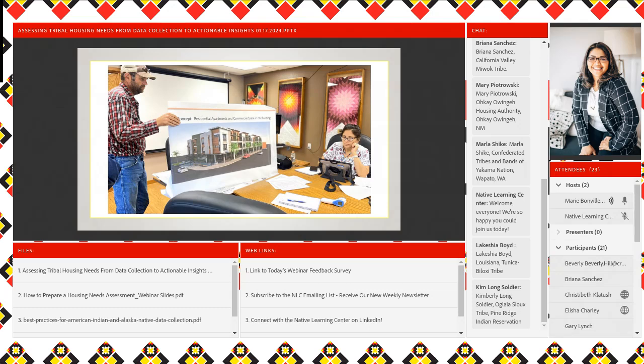NAHASDA dollars. So it goes to show you that the innovation and the creativity that came with this particular development was born out of the needs assessment and some of the comments and the stories that were provided in addition to the numbers. So what you see there is the residential apartment concept that will include commercial space. So bringing in the economic arm and saying, how can we, I think it was their Native CDFI that has an incubator program, right?